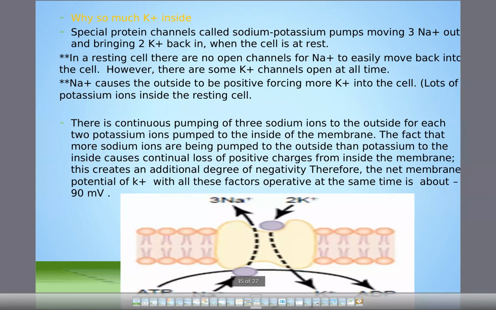The fact that more sodium ions are pumped out than potassium in causes a continual loss of positive charge from the inside of the membrane, creating an additional degree of negativity. Therefore, the net membrane potential is about minus 90 millivolts.